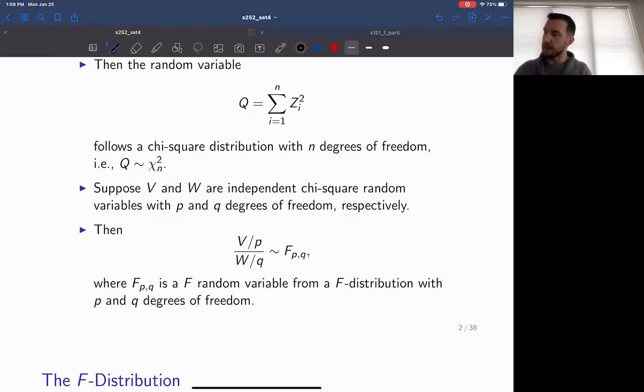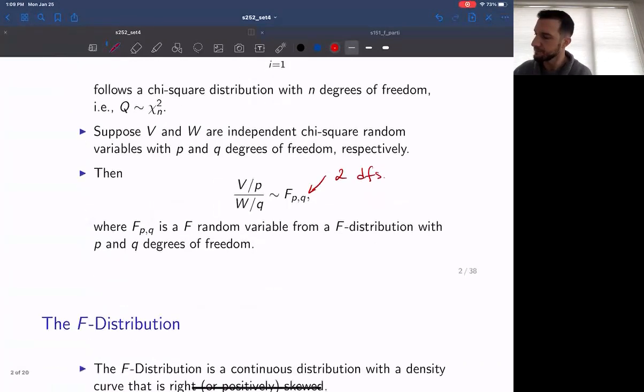Since the F random variable is a ratio of 2 chi-squares, it has 2 degrees of freedom. So when we are working with F random variables, we will be working with 2 DFs when looking for critical values and p-values.